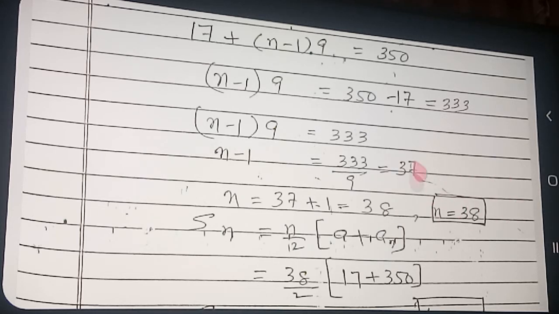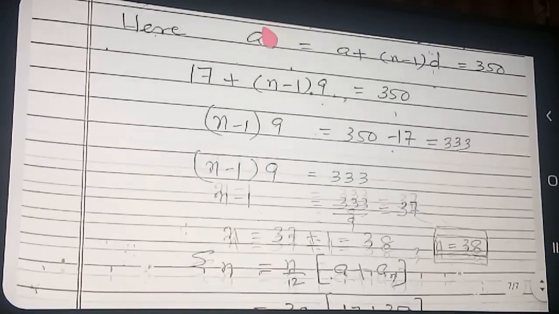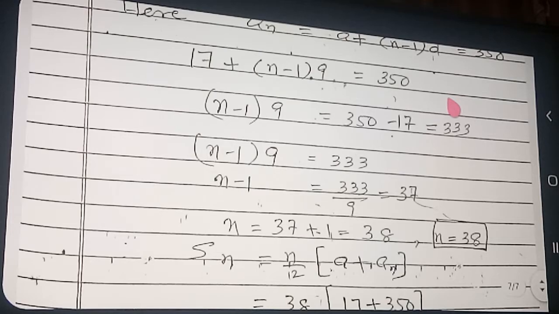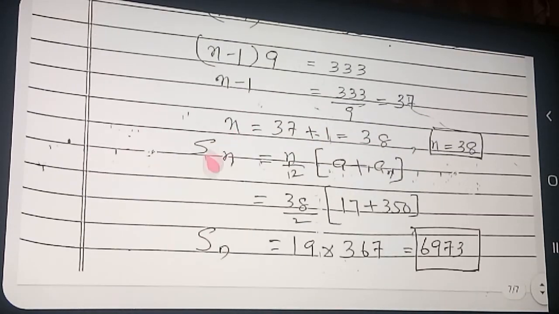So how many terms are there? 38 terms are there. Now what is your question? Go through the question again. How many terms are there? You already found that out. And now what is your question? What is their sum? So find out the sum. What is the formula for finding the sum?